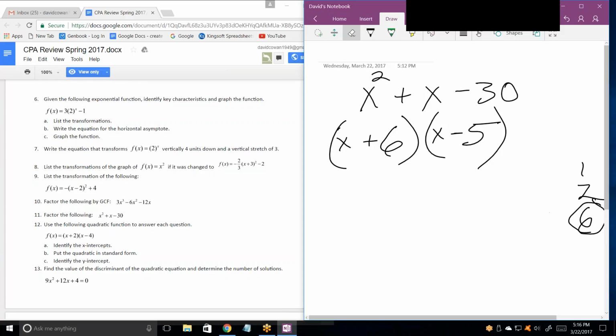Almost all your factoring problems are going to be, this is as simple as they get, really. But as long as there's no coefficient in front of the x squared, this technique that I'm teaching you, or have taught you, is by far the simplest, easiest one to learn. Even if they don't teach you this one. And most school systems do not.